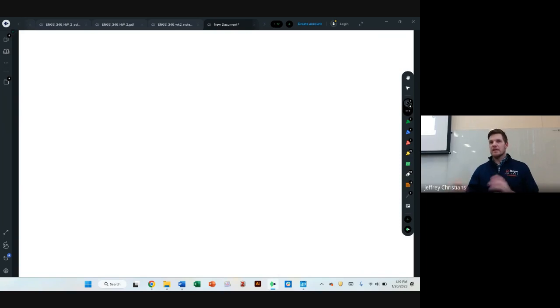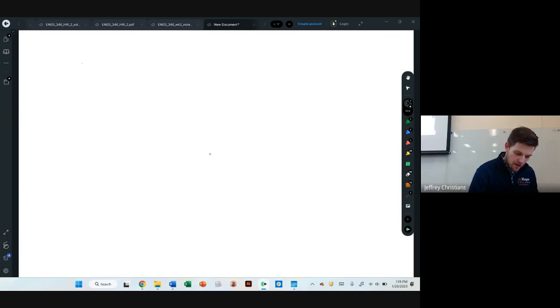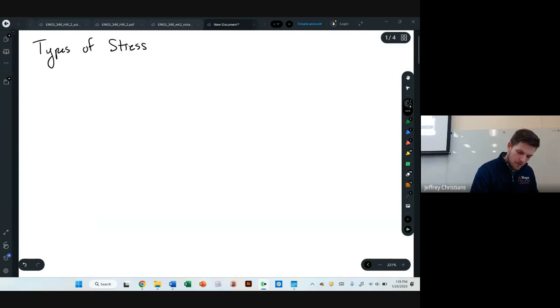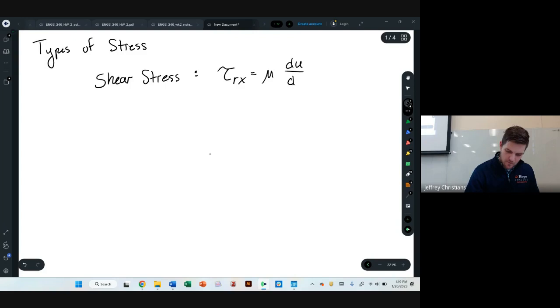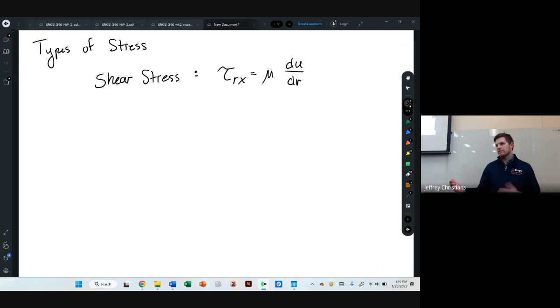Okay, so we have two different kinds of stress in fluids. We have our shear stress, which is characterized like what we just did in class 2, tau Rx equals mu du dr. It's related to velocity.